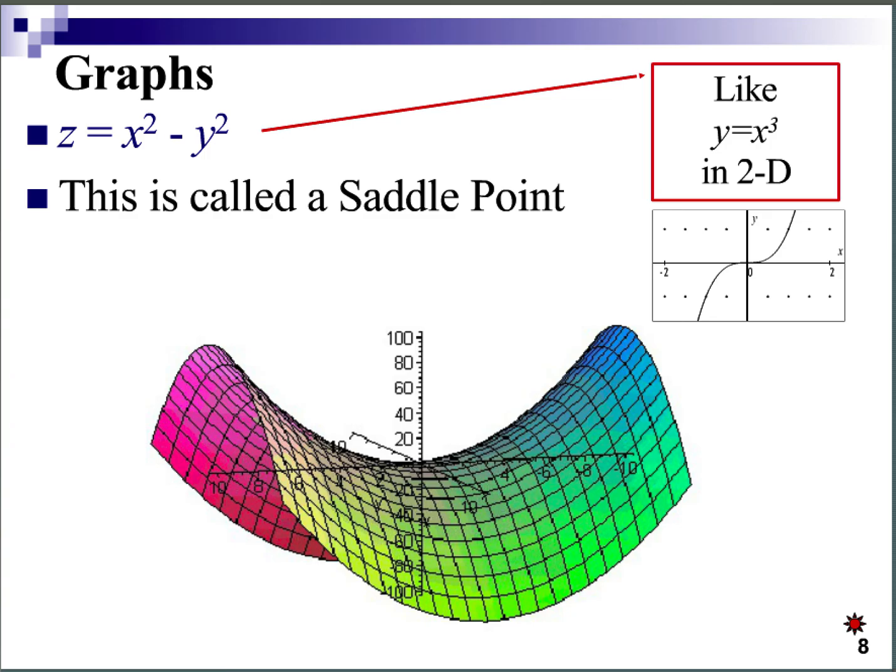So this point, as you approach it from the left, it appears that point is headed towards a maximum point, but if you approach that point from the right, it looks like that point is actually a minimum point. But in reality, it's neither. It's just a single point on the graph where the function is leveling out. This 3-dimensional version of that function is what we call a saddle point.